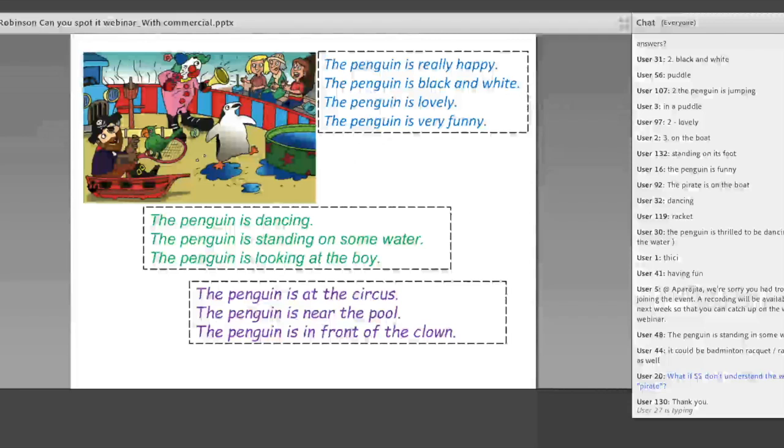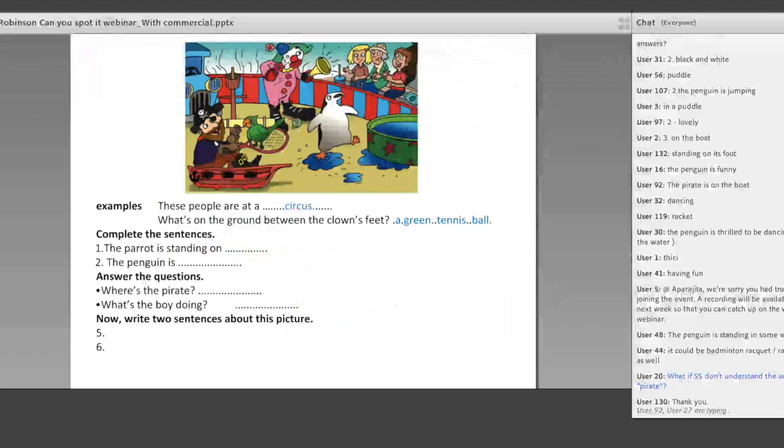Training students to use their imagination and the language that they know is an important part of doing this task well.